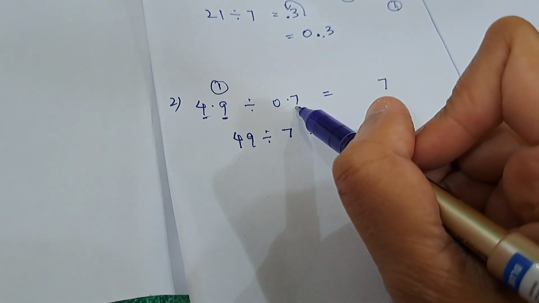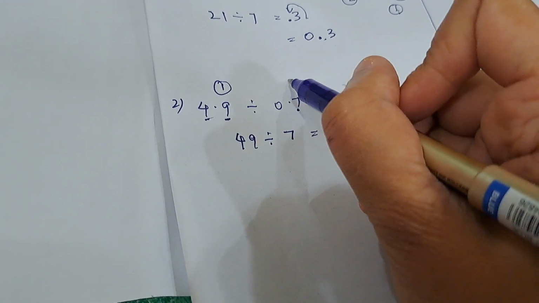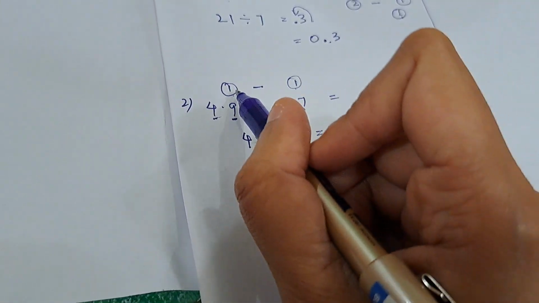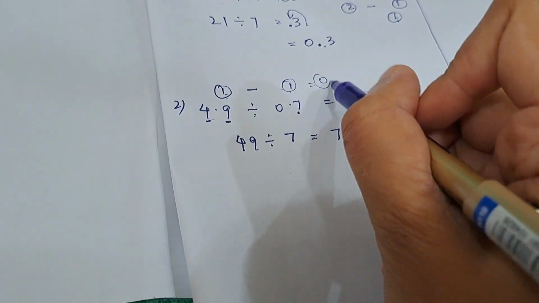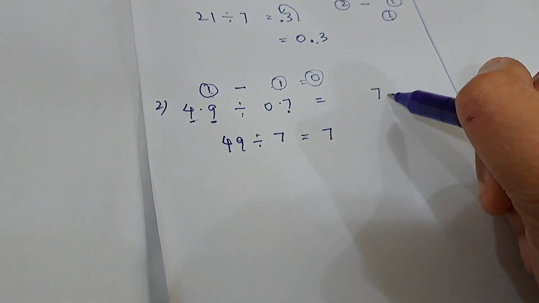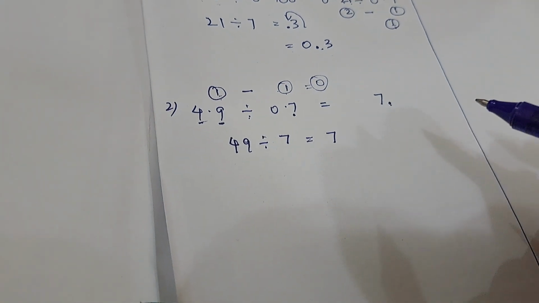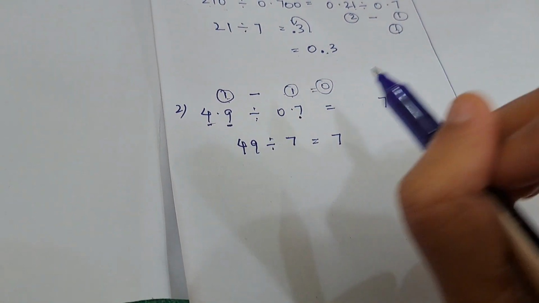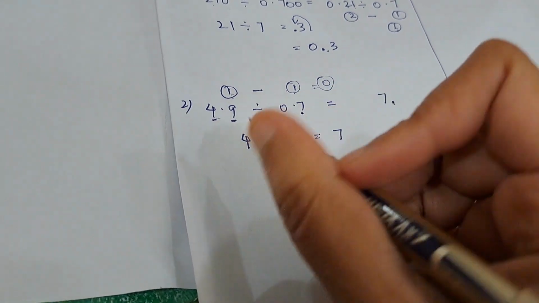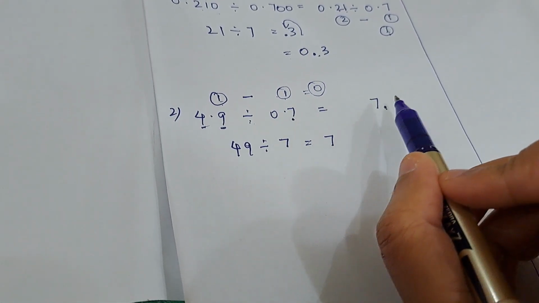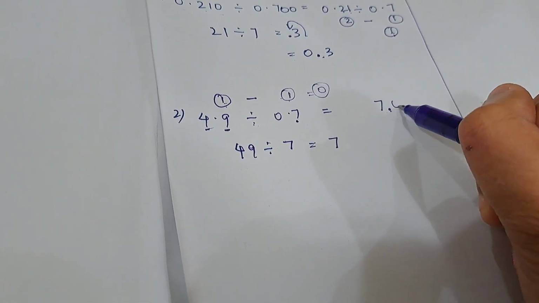In this number, how many digits are there after the decimal point? 1. For division, we will subtract these two numbers. 1 minus 1, 0. Which means the decimal point which is here by default will not move anywhere. It will remain as such. So, the answer for 4.9 divided by 0.7 will be 7 or 7.0.